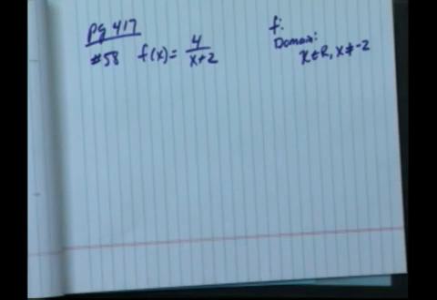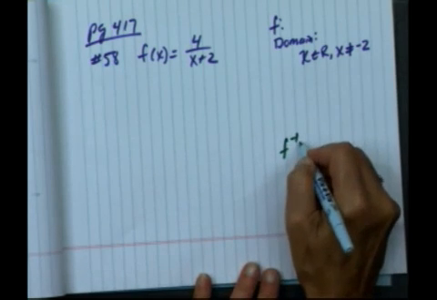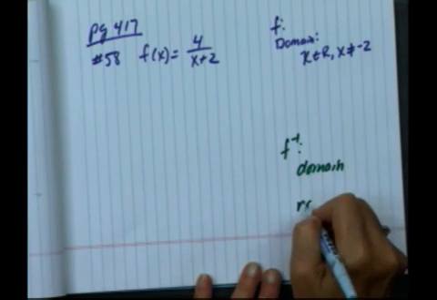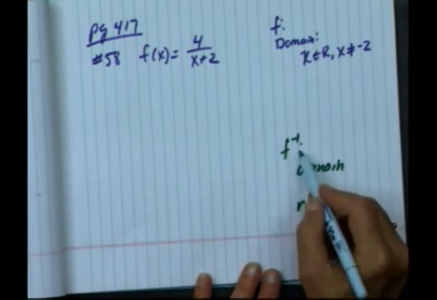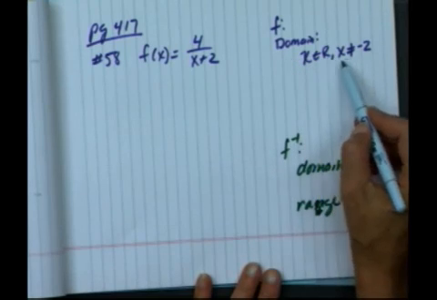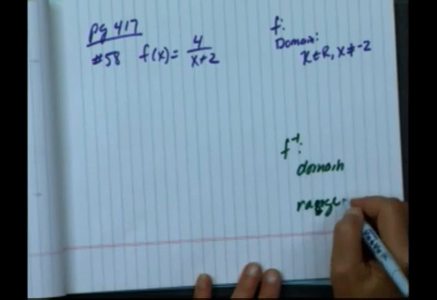What is this going to tell me for my inverse function? Is it going to give me the domain or the range for the inverse function? If the domain of the original function is this, what am I now going to know? The range of the inverse function.